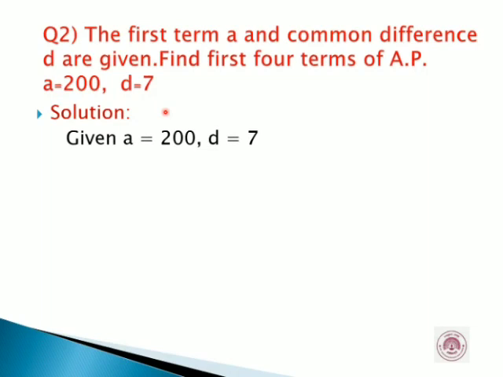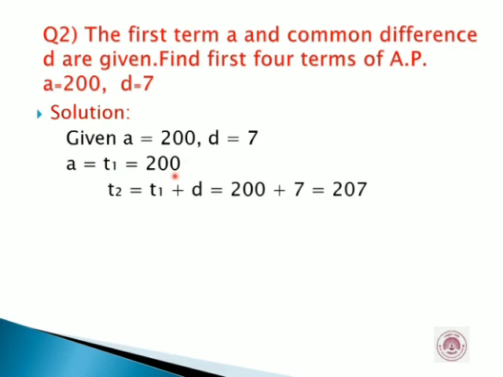Solution. Given A is equal to 200 and D is equal to 7. Then we can write the first term T1 is equal to 200. Then T2, the second term, is obtained by adding the common difference 7 to the first term 200.